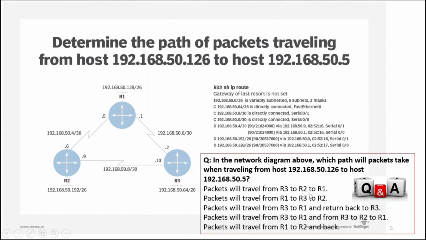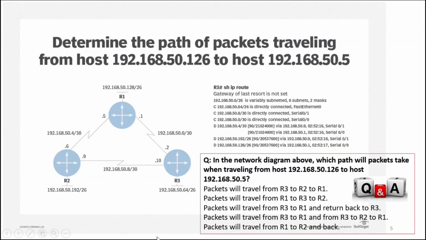It means it will follow R3 to R2 to R1. This is the longest path. This is the wrong choice because it takes two links or two hops to reach the destination, with the cost.